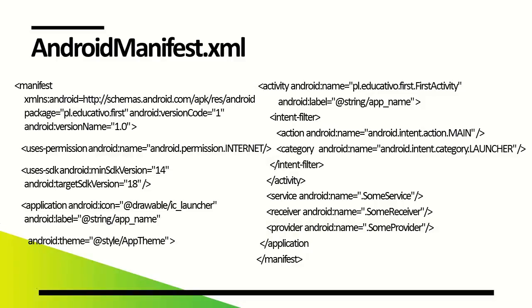Each of these components is in a way a main application component in Android and must be defined inside the AndroidManifest file in order to be used. Apart from defining components inside AndroidManifest, we may also specify the type of permissions required by our application.